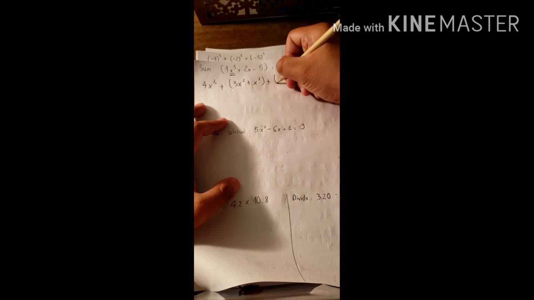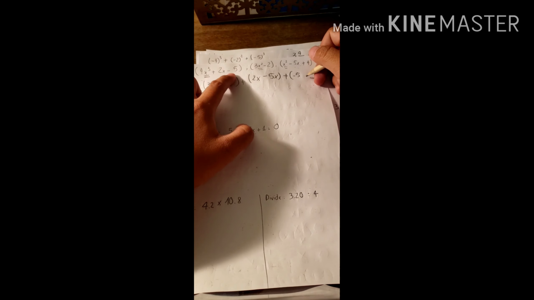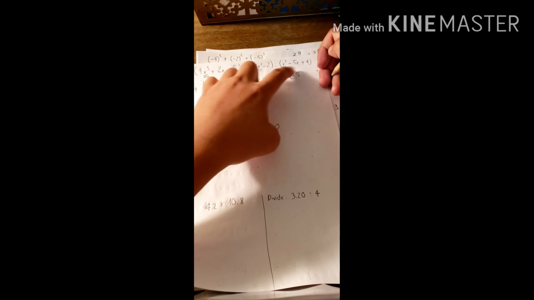The next one, let's say 2s in here, and minus 5s in here. And the next one is about minus 5, minus 2, and number 4.